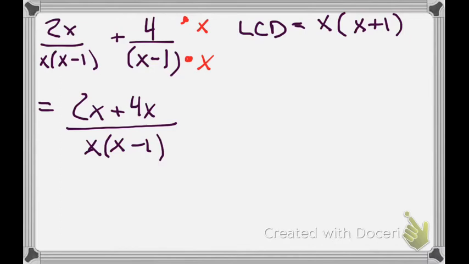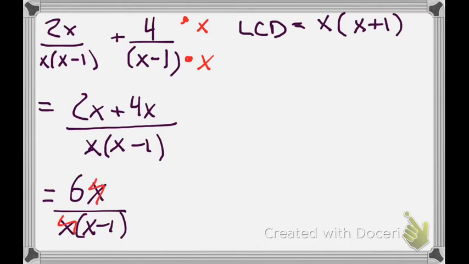If I want to simplify, I should be factoring it as well. Actually, sorry. For simplifying, I know 6x over x times x minus 1, and I'd look at this and say, I can divide x out of each side. So I just get 6 over x minus 1 as my final answer.